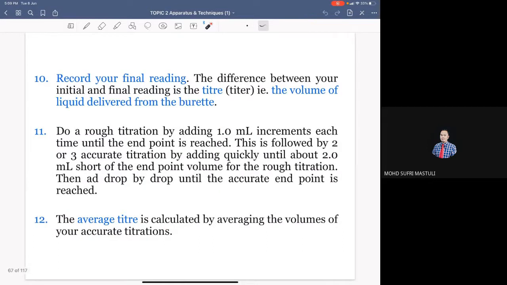The difference between the initial and final reading is the titre. The titre is the volume of the liquid delivered from the burette.